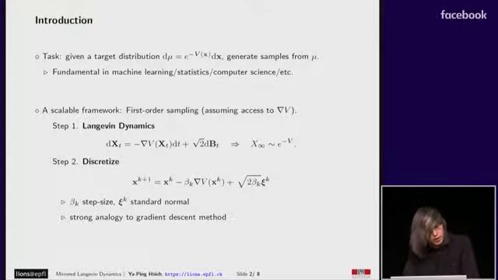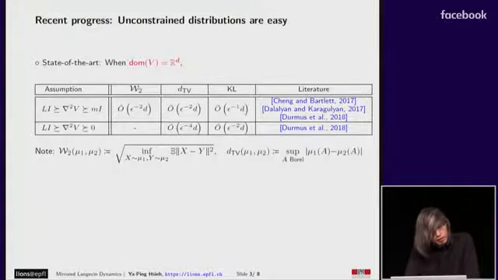And as you can see, this algorithm is extremely scalable, and therefore is very suitable for modern machine learning applications. And the convergence rates of the Langevin-based algorithm are well studied for the case of log concave distributions in recent years. But this is under an additional key assumption that your target distribution is unconstrained, meaning the support of your target distribution is the whole space.